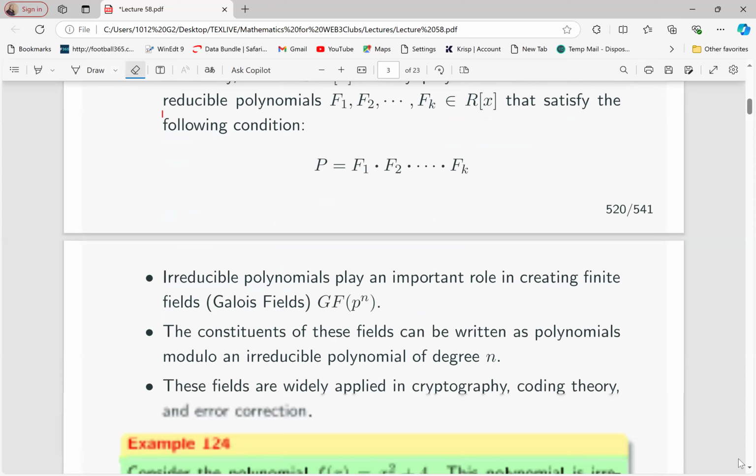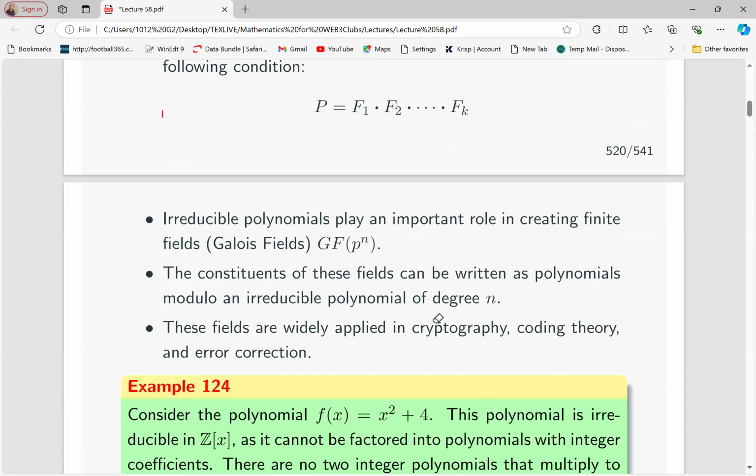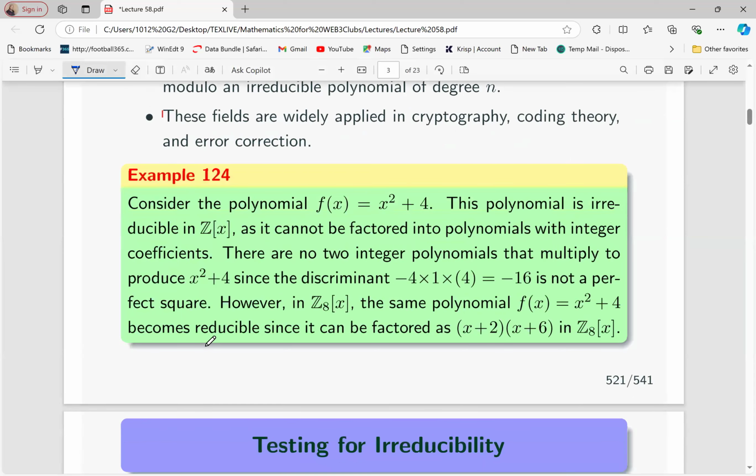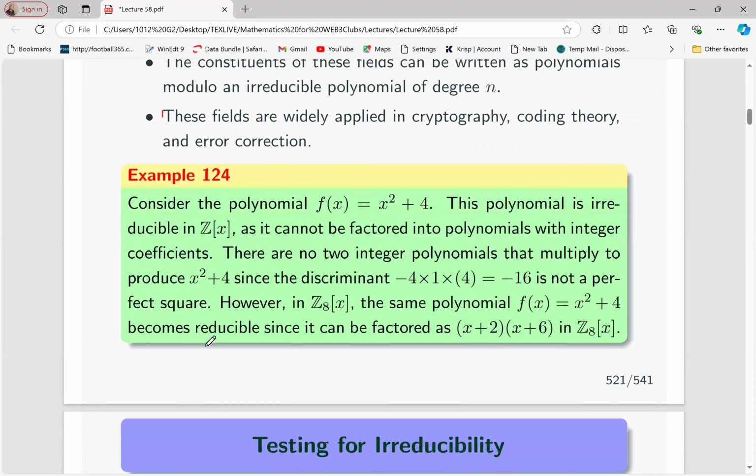Now let's look at this example. This example is just to emphasize what I've said, that it may be possible to factorize in some fields and difficult in other fields. Let's consider this polynomial here.